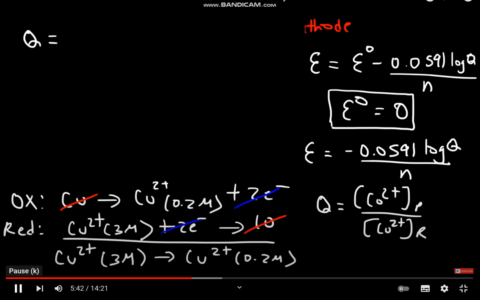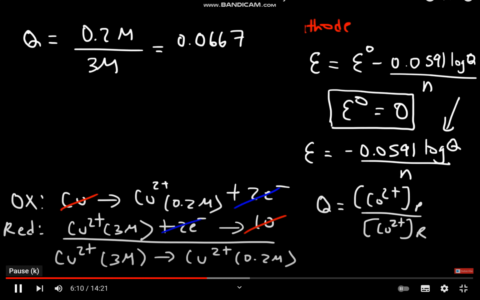So Q is going to equal this value, that's on the product side, so that's 0.2 moles per liter, divided by this value, which is 3 M. So Q is 0.0667, or 6 repeating. So now that we have the value of Q, we can plug everything into this formula.